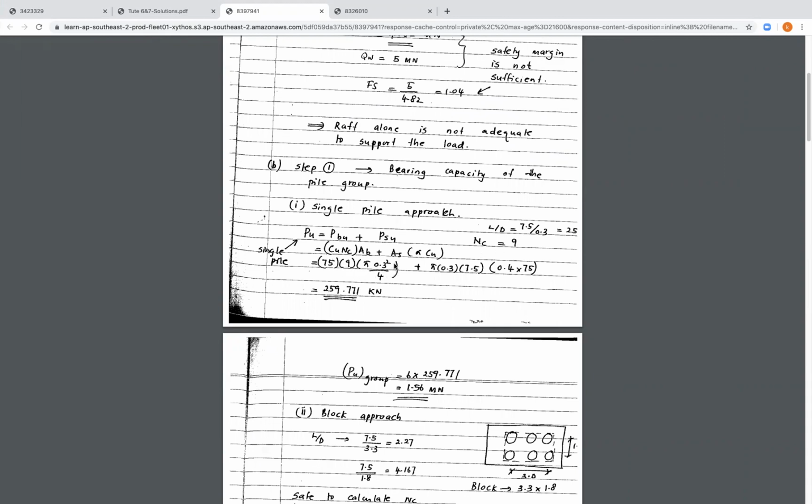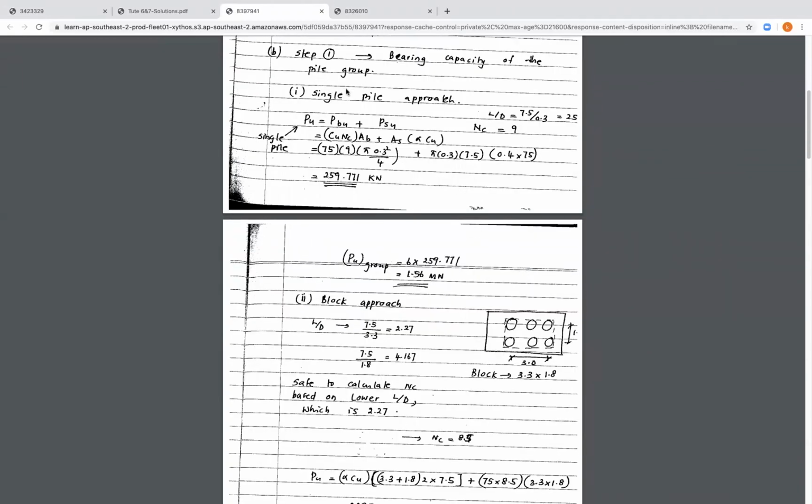So we put this value here, and then we need to multiply this number by the cross-section area of the pile. We got here the diameter of the pile is 0.3. That will give us the cross-section area of the pile, and then we add this number to the bearing capacity due to the shaft resistance, and that's equivalent to the shaft area, which is πD multiplied by the length of the pile, where D is 0.3 and the length of the pile is 7.5 meter, and the reduction factor alpha is given as 0.4, multiplied by the cu value, which is 75.